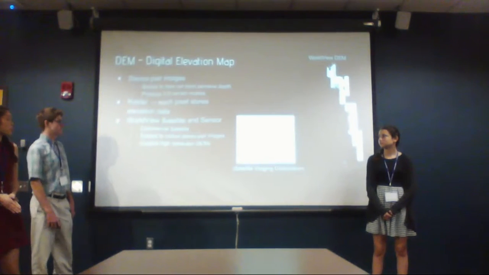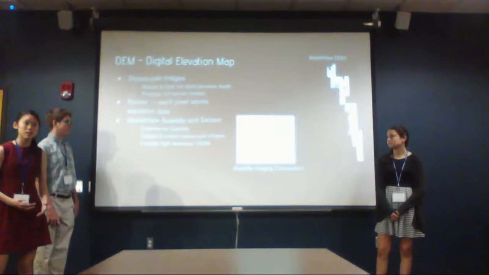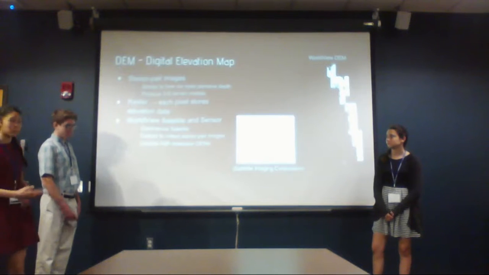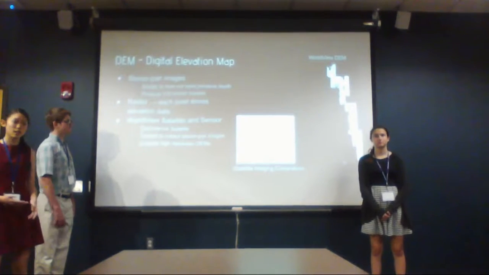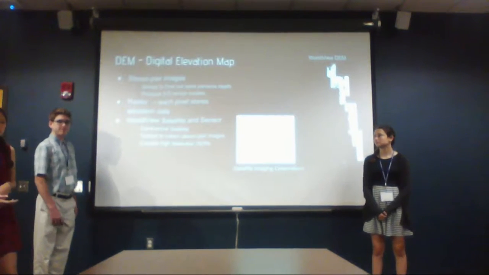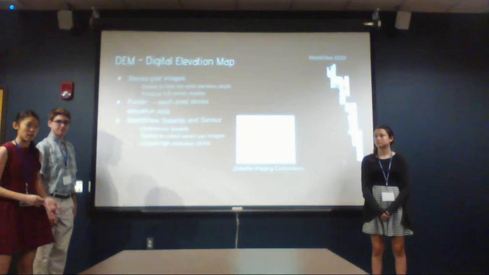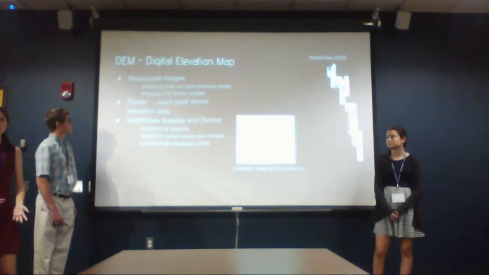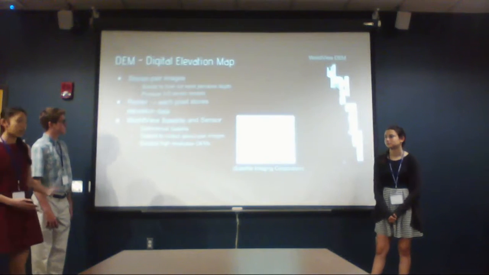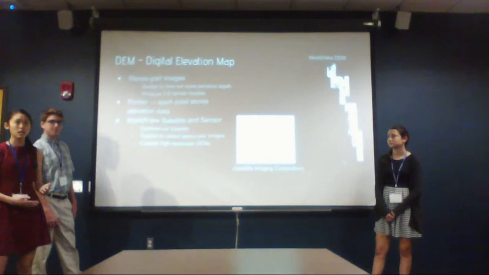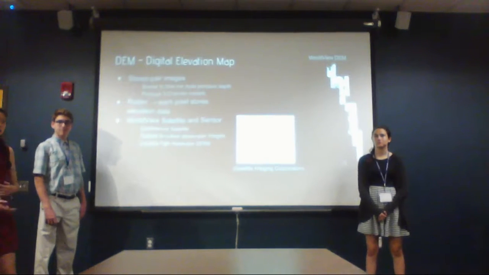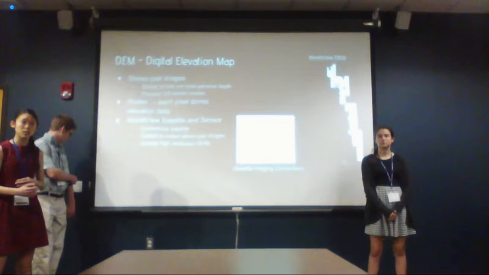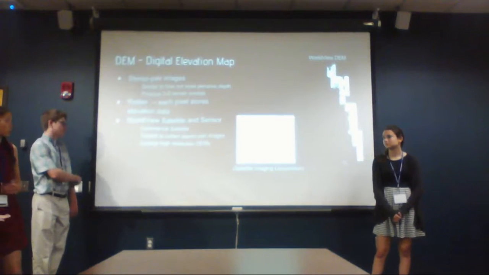And this DEM is a type of raster data, and raster data contains a matrix of pixels, and each of those pixels contains a value that represents the condition of that area. And this is as opposed to vector data, which is the GLAS data, and vector data is just a set of data points. And another satellite that creates DEMs is the WorldView satellite and sensor.